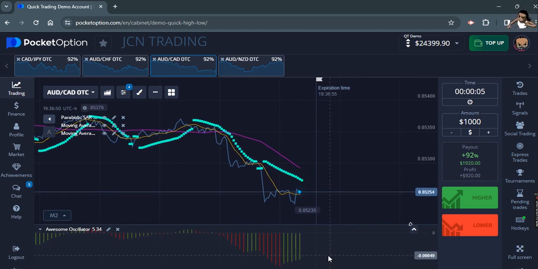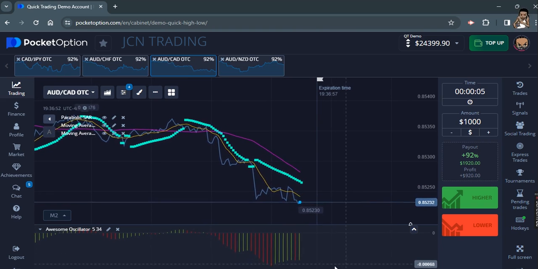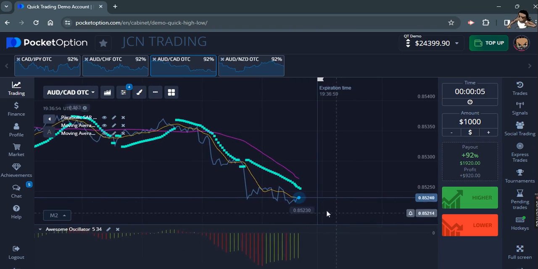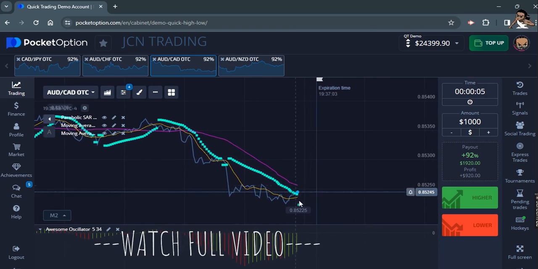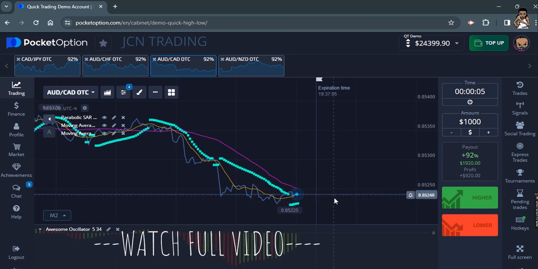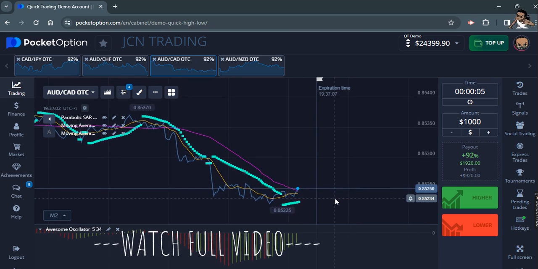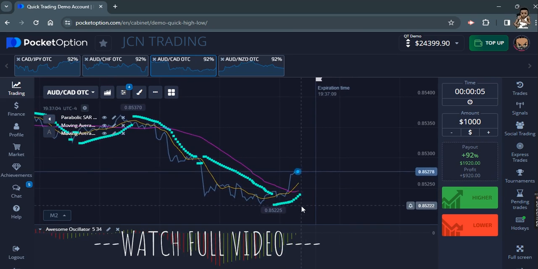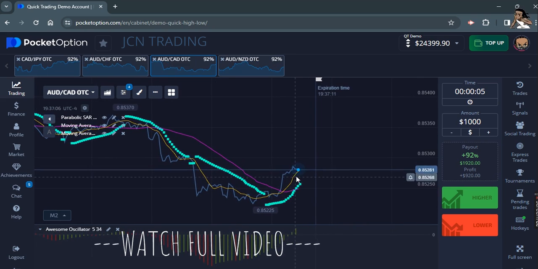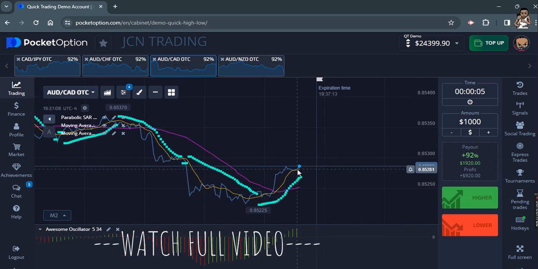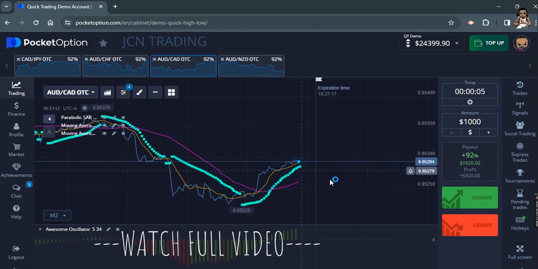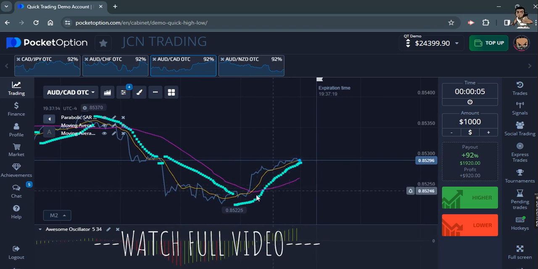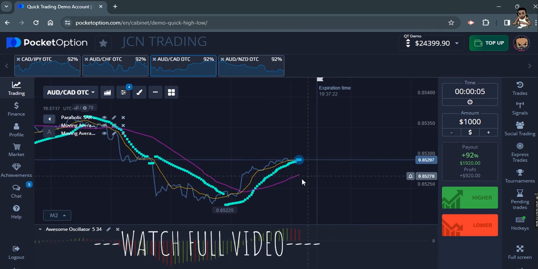But what I'm actually doing is looking at my little dot, my little line chart, and waiting for a specific move. I'm waiting for this dot right here to drop below the yellow line and the purple line, or in this situation right now, the price has reversed into a buyer's market.